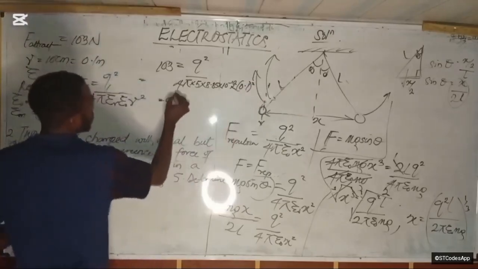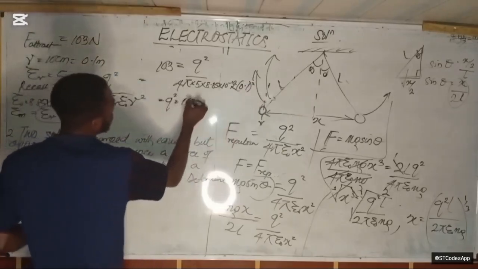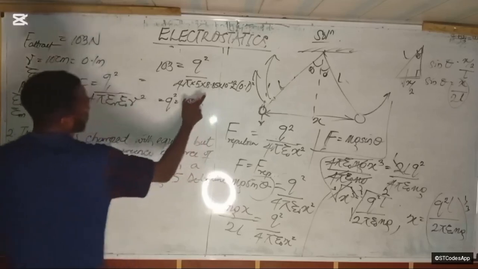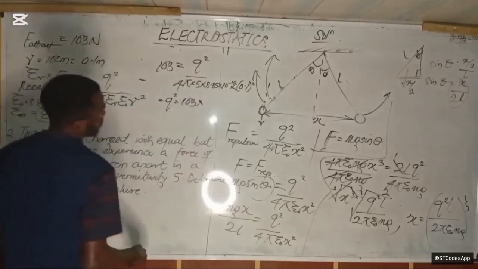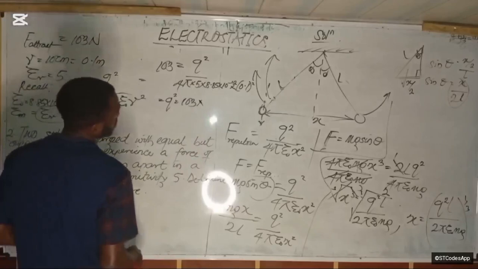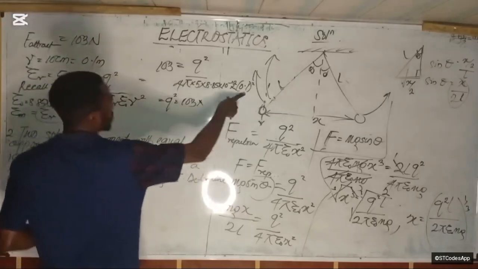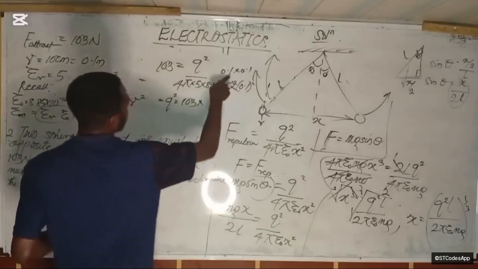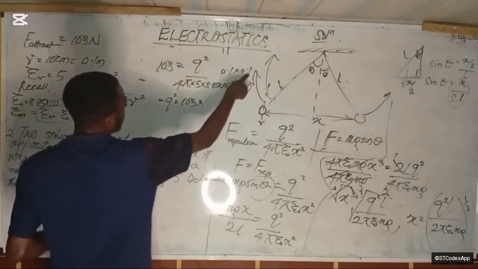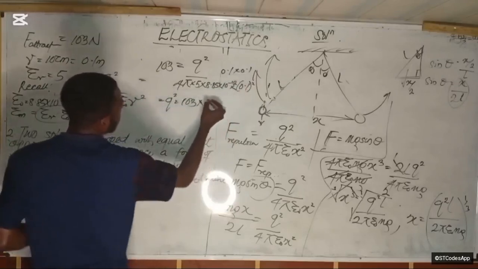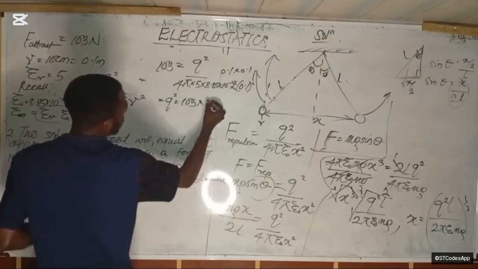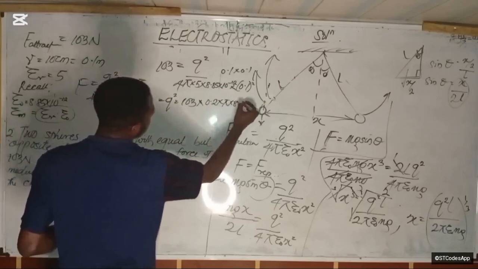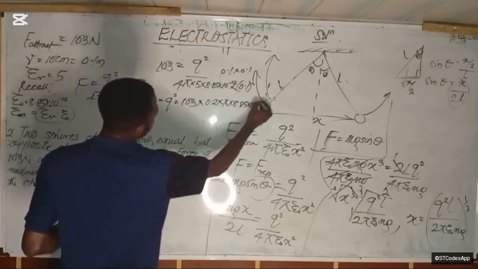So Q squared will be equal to 10^3 times 20 times 0.1 times 0.1, so that becomes 0.2 times pi times 8.85 times 10 to the power minus 12.